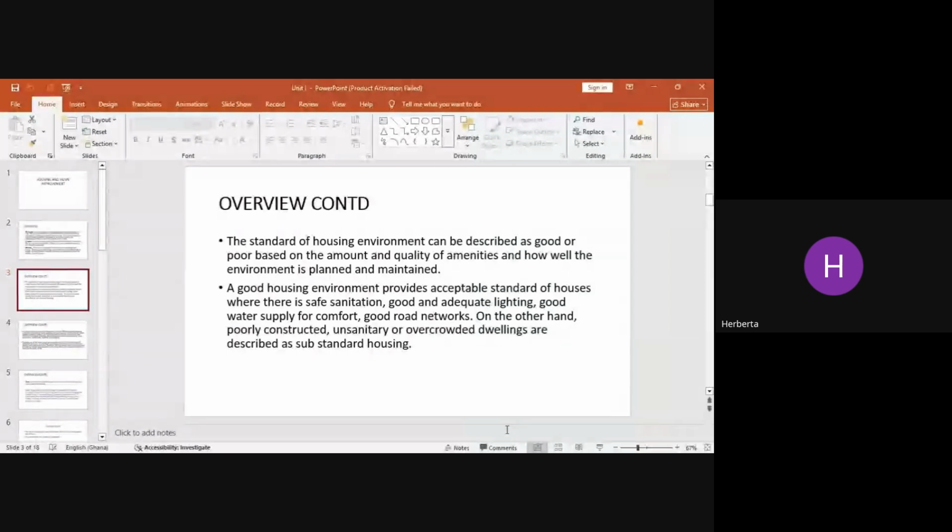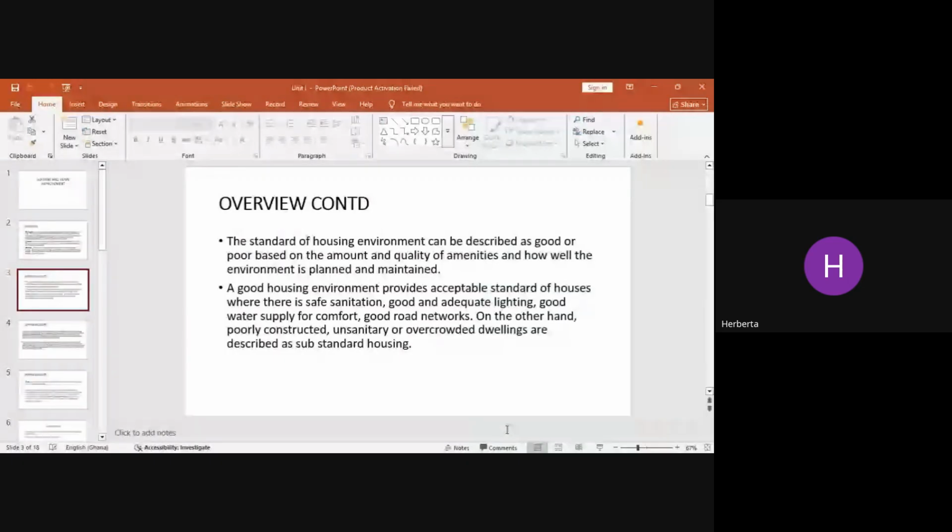You have a good housing community when you have a proper layout of the housing environment. In the environment, the houses are built with quality materials and designs. You have a good drainage system. You have amenities, water, light, electricity. You have a police station.